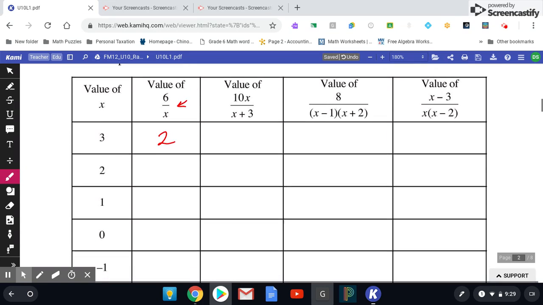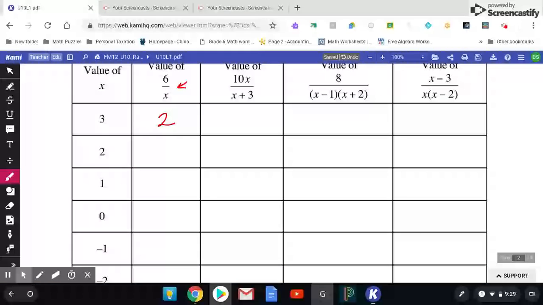Let's go on down the page on this one. We'll go down the table. If x was 2, we would have 6 over 2, which is 3. Not a problem. What if it was 1? We'd have 6. Still, there's no issue. But all of a sudden when we get here, we are not defined. What if it's a negative 1?